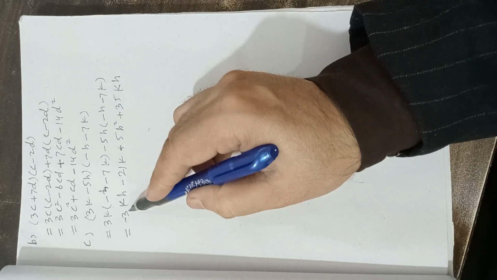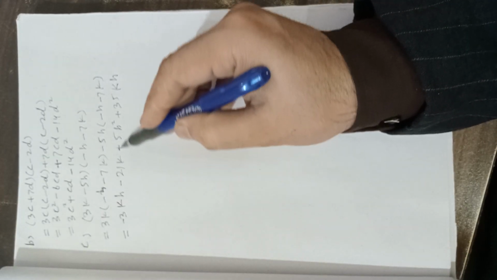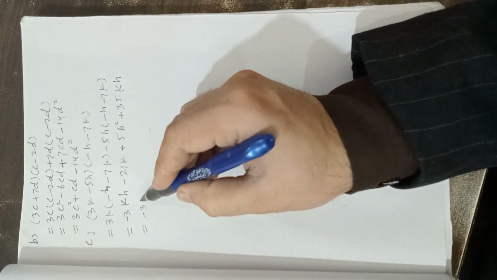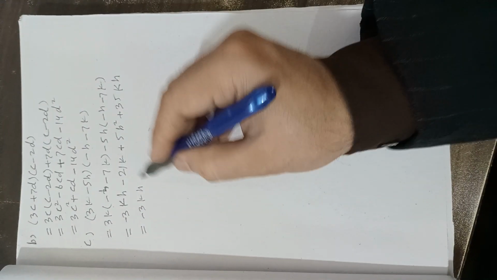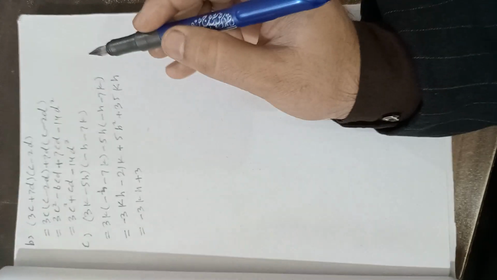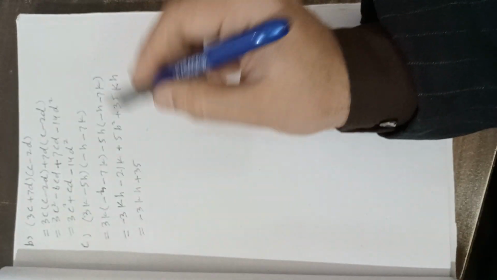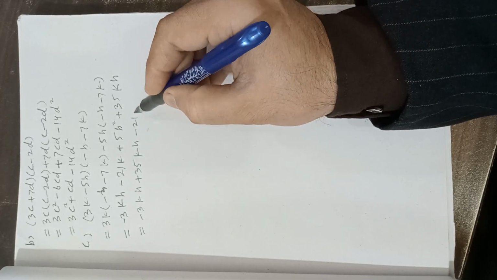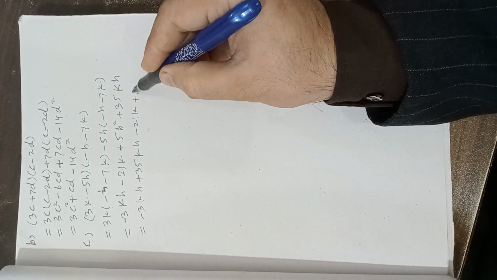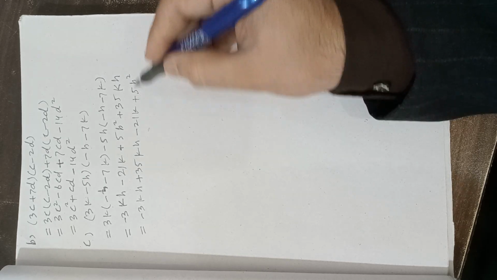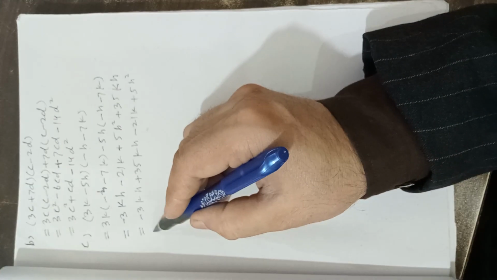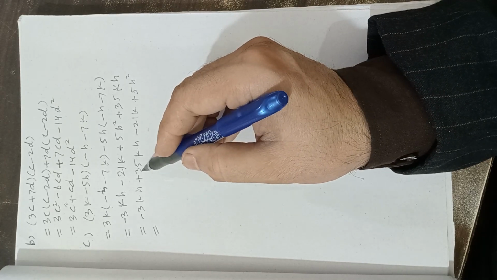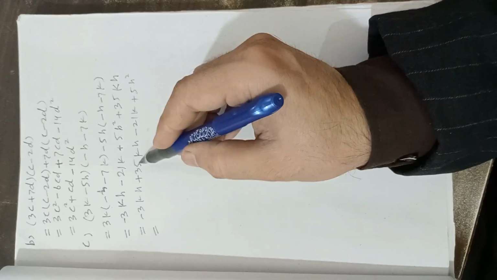Now these two terms are alike and these are not like terms. Write the like terms together, kh plus 35 kh minus 21k and plus 5h square. See here, they carry different signs, so we will subtract, and you will subtract 3 from 35.